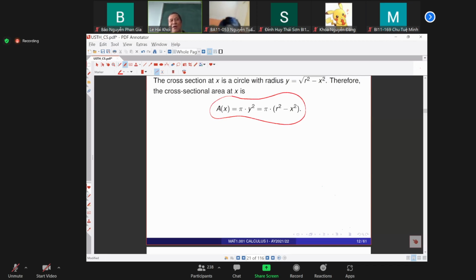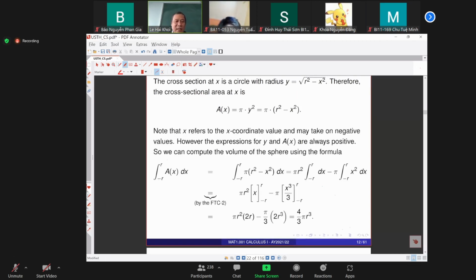Then y squared is r squared minus x squared, and you have this as a function of x. Now we apply the formula, the integral from negative r to r of A(x) dx, and of course it is a continuous function of x on the interval negative r to r. So compute it. Very simple.